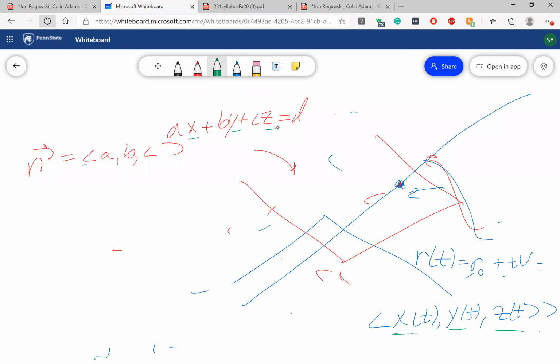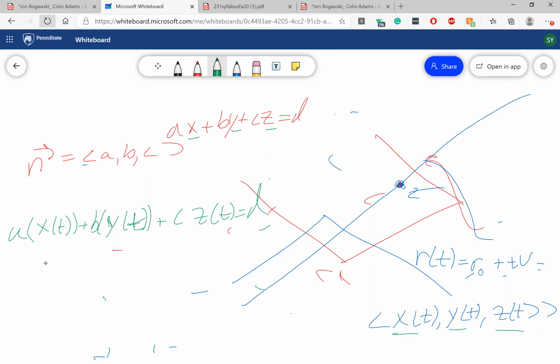So now we're looking at a times x of t plus b times y of t plus c times z of t is equal to d. And this is just something in terms of t, so you can solve it.